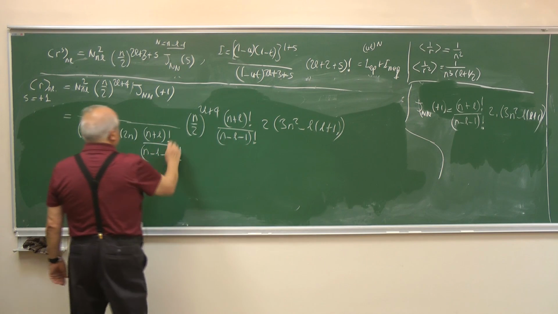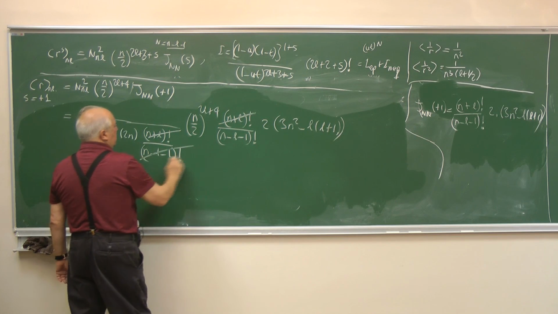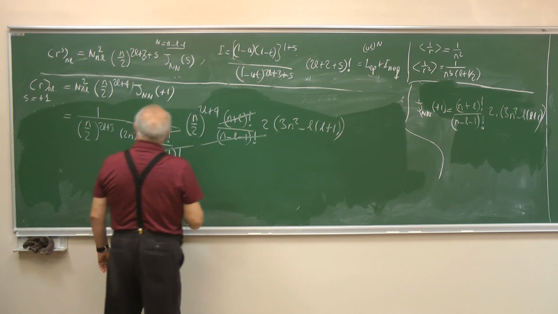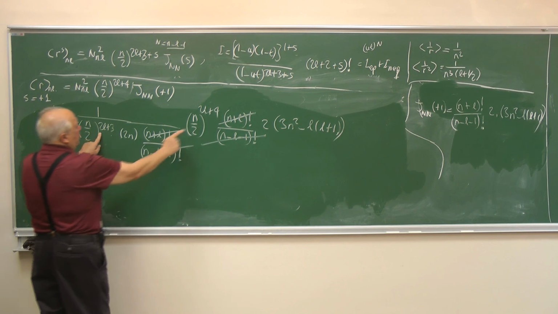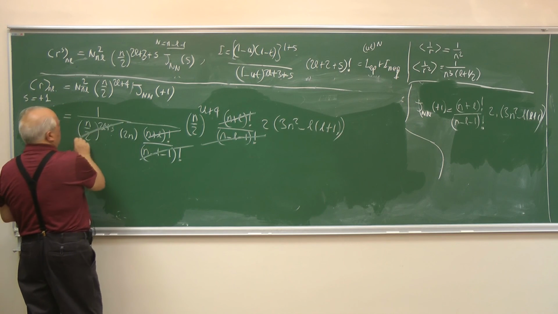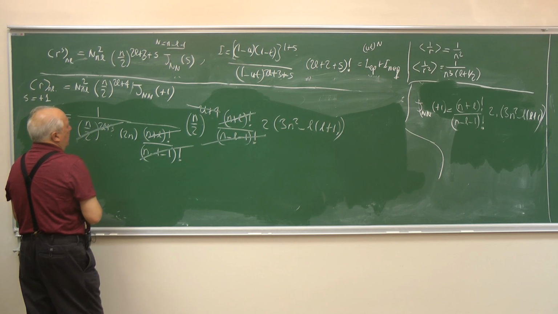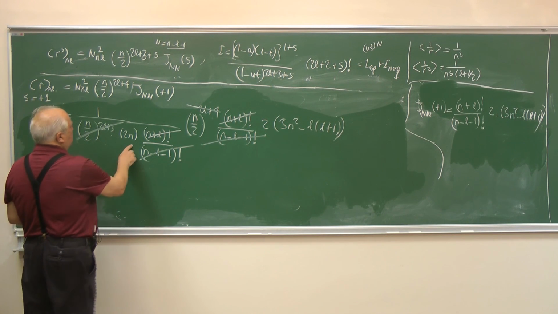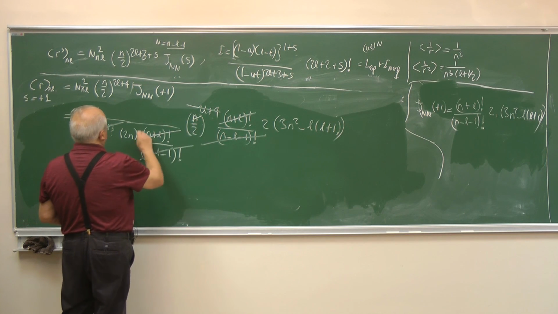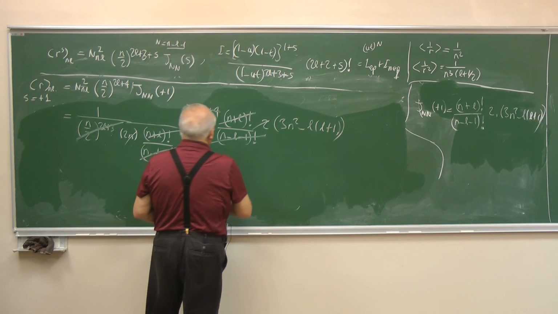So n plus L factorial goes, n minus L minus 1 factorial goes, the powers 1/2 plus 3 and 1/2 plus 4, so this goes away, and that power goes away. And n cancels this n, and 2 cancels this 2.